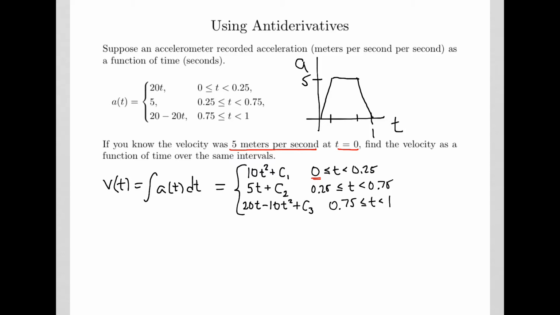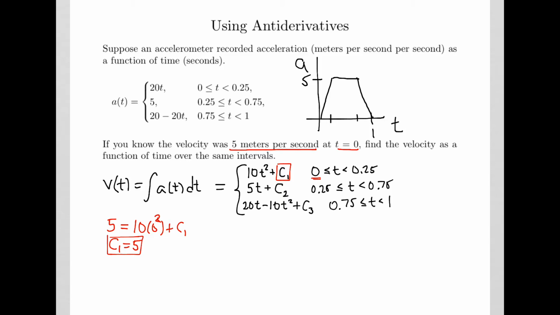What we'll do is we'll say my velocity is 5, and that's supposed to equal 10 times 0 squared plus C1, and 0 squared is 0, and so I get that my C1 is the value 5. Okay? So we have found our first constant.